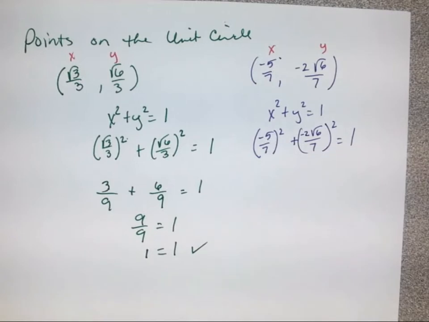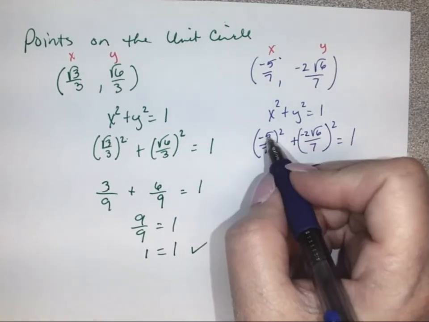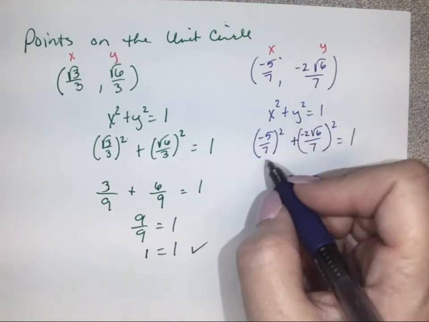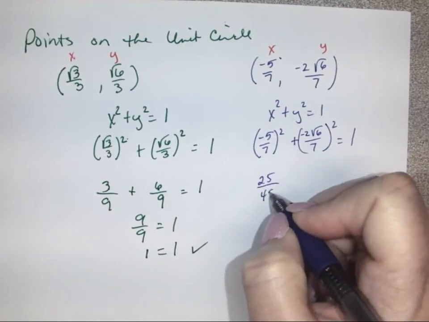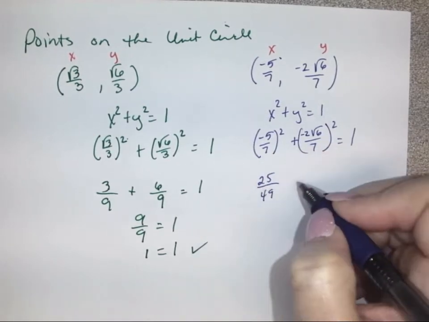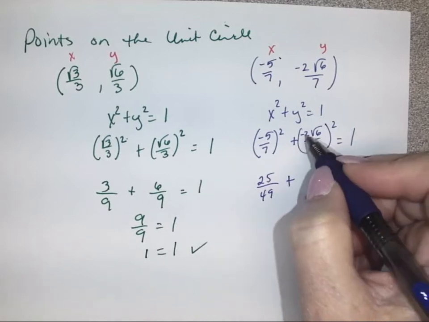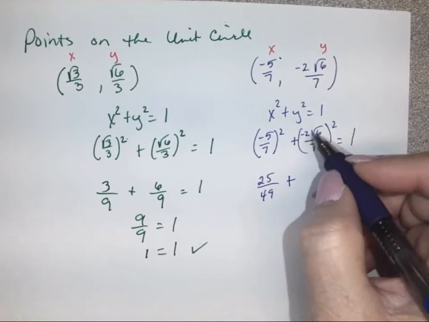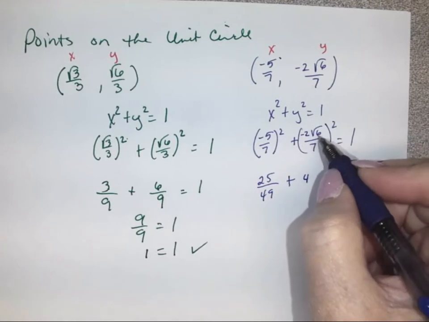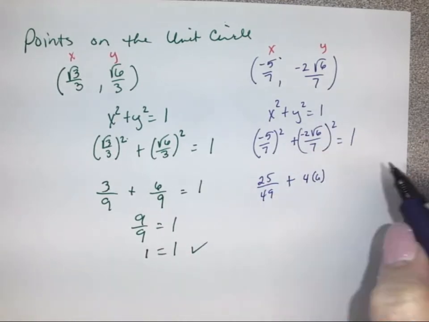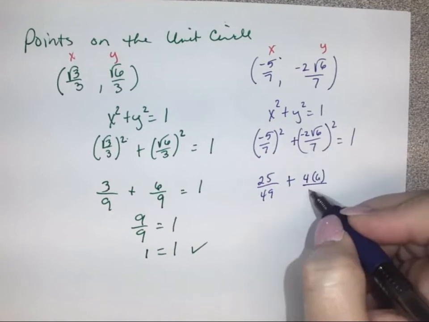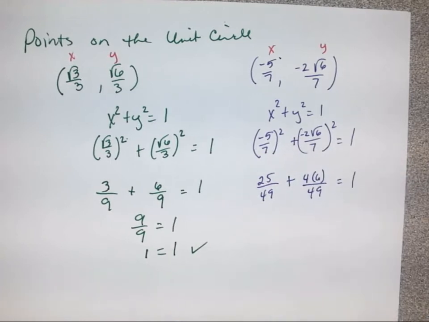Remember, anything that's negative that's squared is going to get us a positive. So -5 squared, -5 times -5 will get us 25. 7 squared is 49. Plus -2 squared will get us positive 4, and the square root of 6 squared, just like we saw earlier, is going to get us 6, all over 7 squared, which is 49.